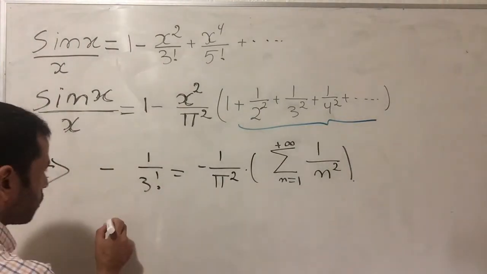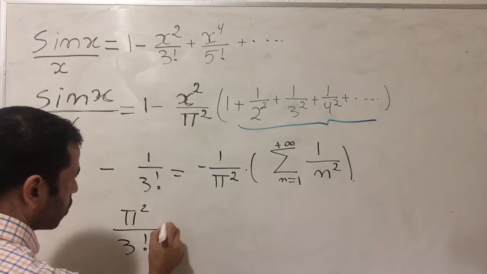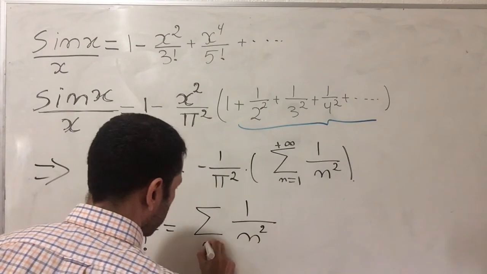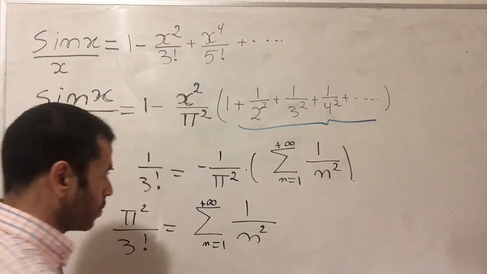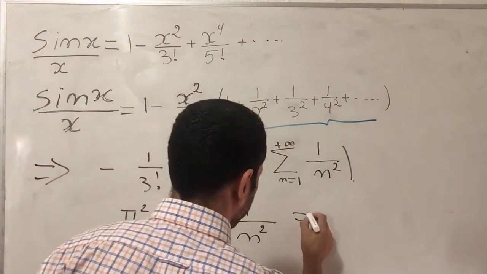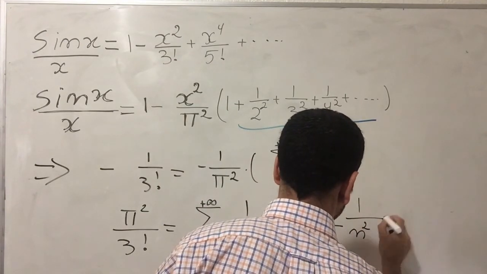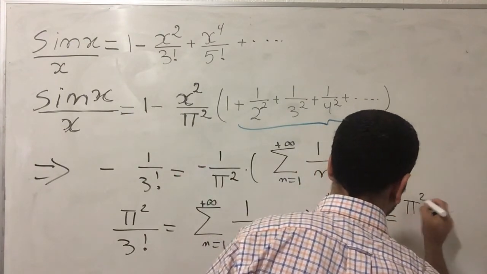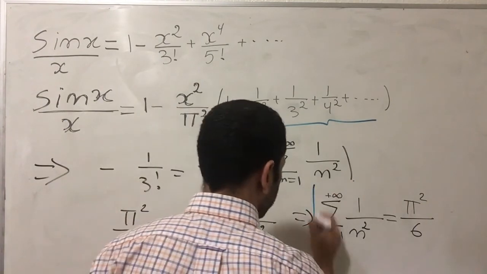So I will have pi squared over 3 factorial equal to this sum, 1 over n squared as n goes from 1 to plus infinity. 3 factorial equals 6. So the sum I'm looking for, 1 over n squared as n goes from 1 to plus infinity, equals pi squared over 6. So now the sum is evaluated.